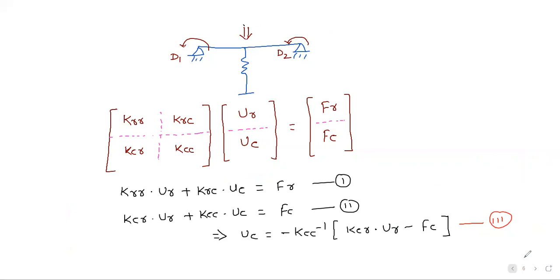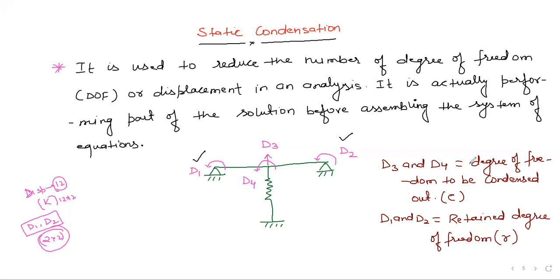D3 and D4 in this case are the degrees of freedom to be condensed out, represented by C, whereas D1 and D2 are the retained degrees of freedom, represented as R.